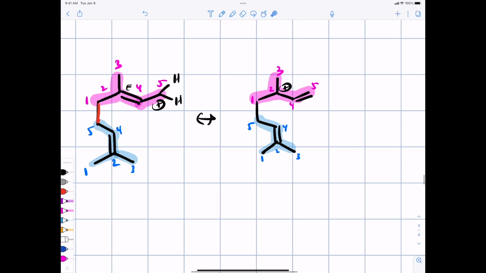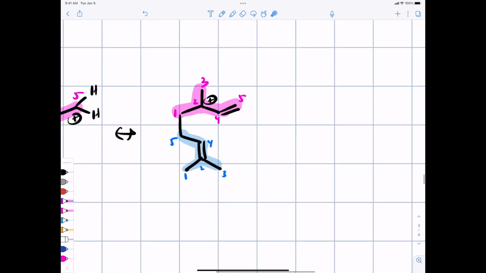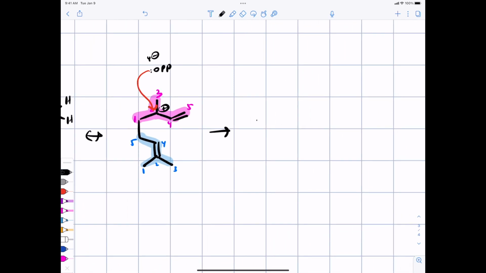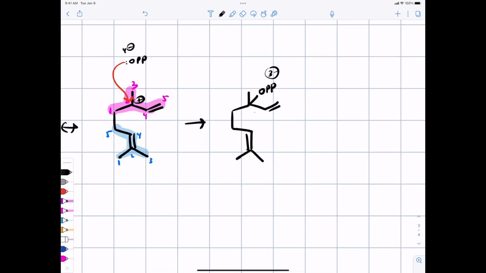So it turns out to facilitate rotation around the bond between carbon 2 and 4, nature temporarily has the pyrophosphate leaving group hop back on. At that stage, it's easy for us to rotate around that carbon-carbon bond.